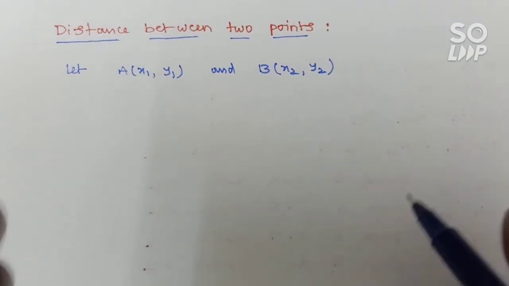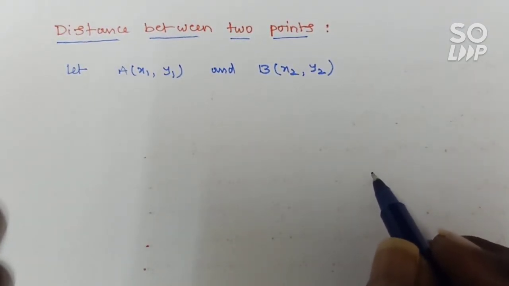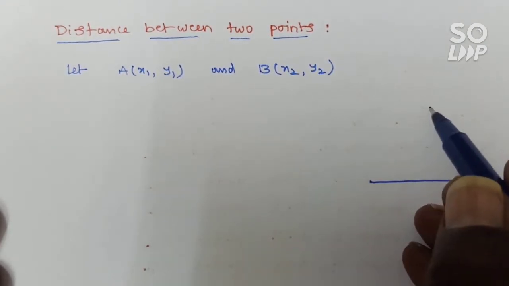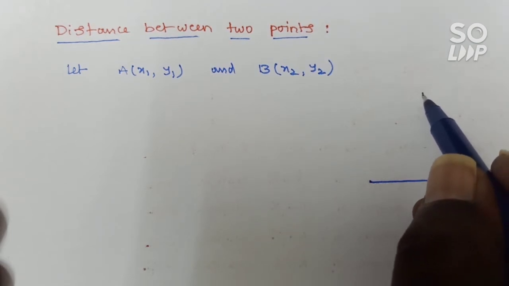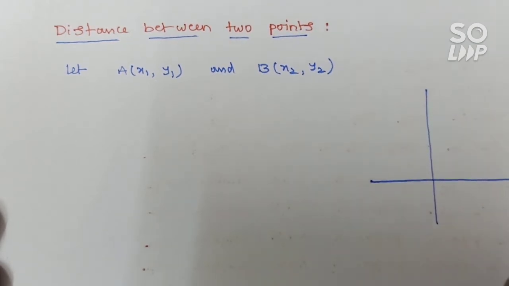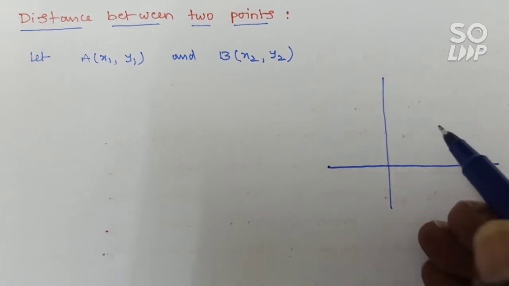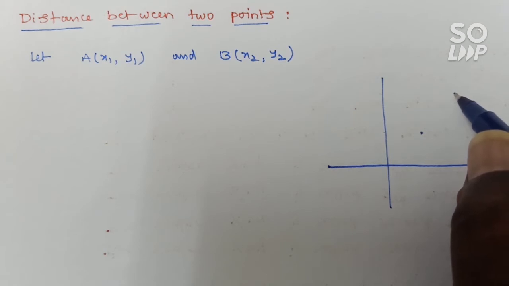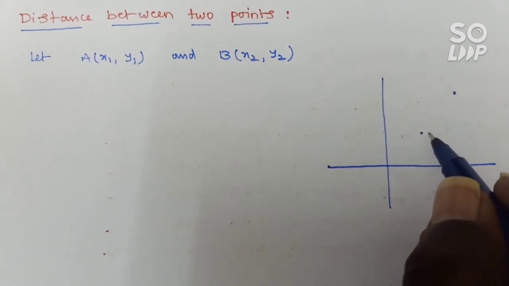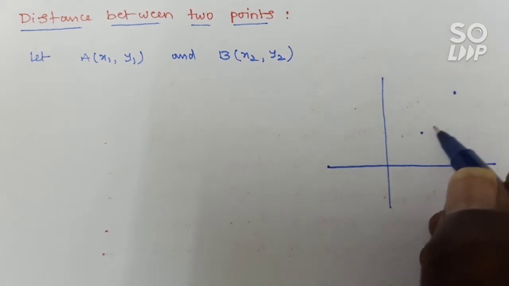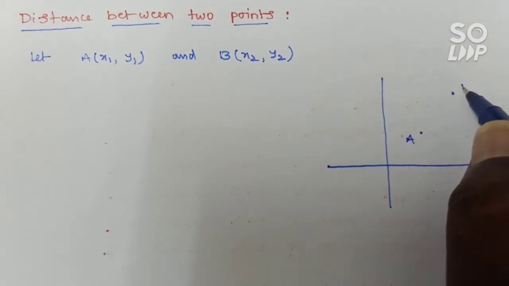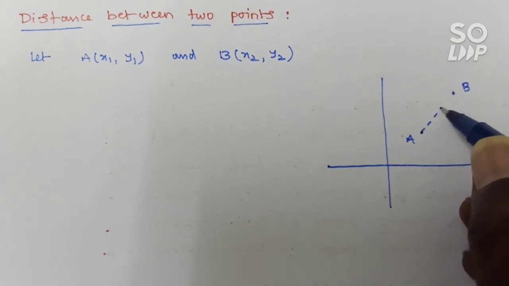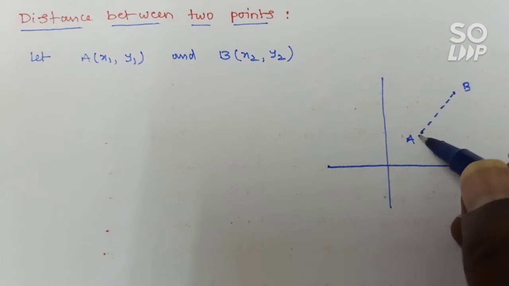Now you see here, how do you find the distance between the two points? This one is the x-axis and this one is the y-axis. Let this be point A and this one be point B. The distance between the two points is the length of this segment.